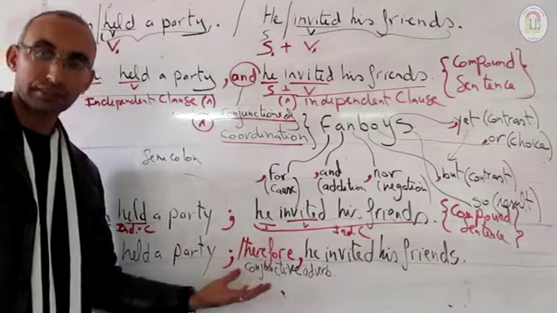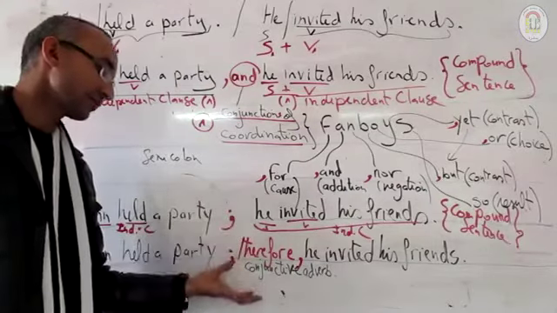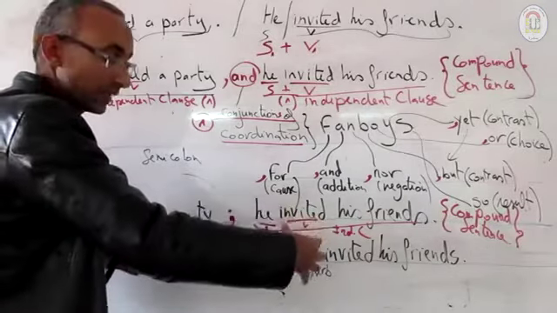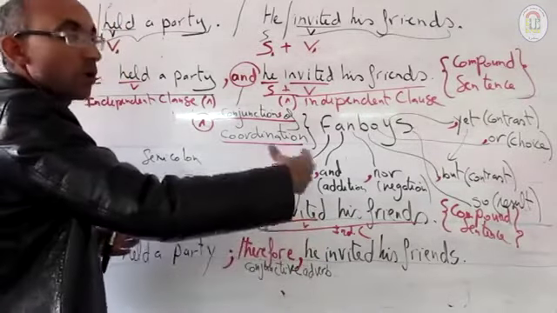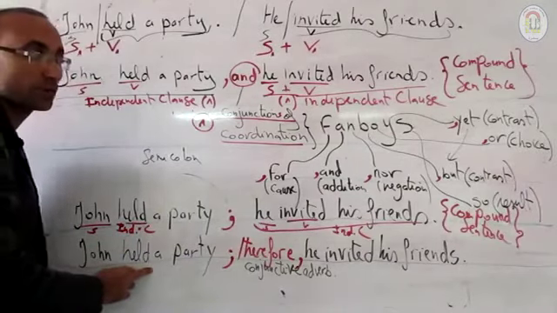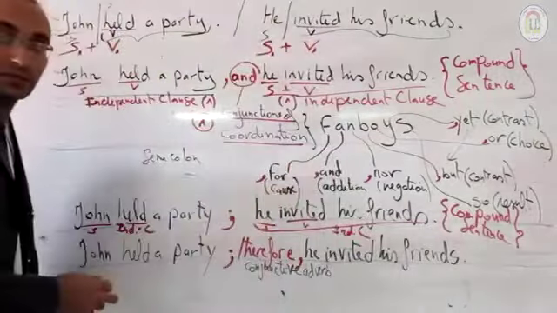So all these are considered as what? Conjunctive adverbs, and they are used to join two, or even more, always independent clauses to form a compound sentence. Alright.